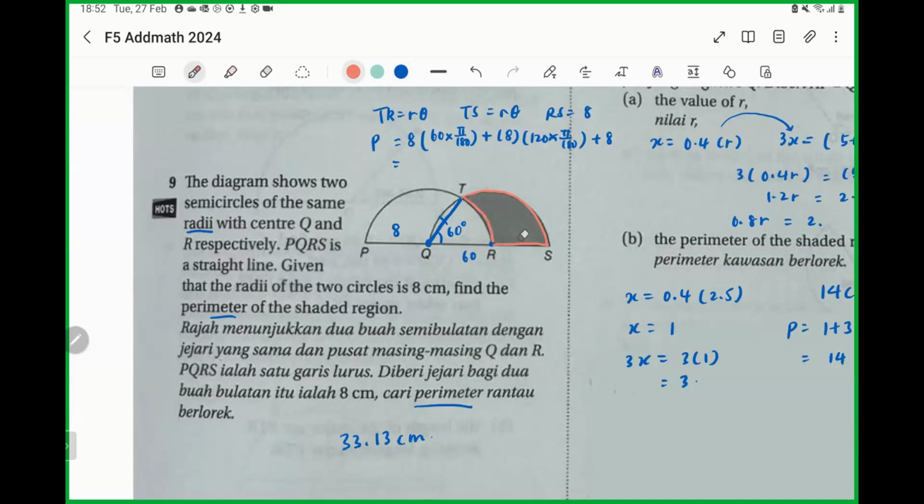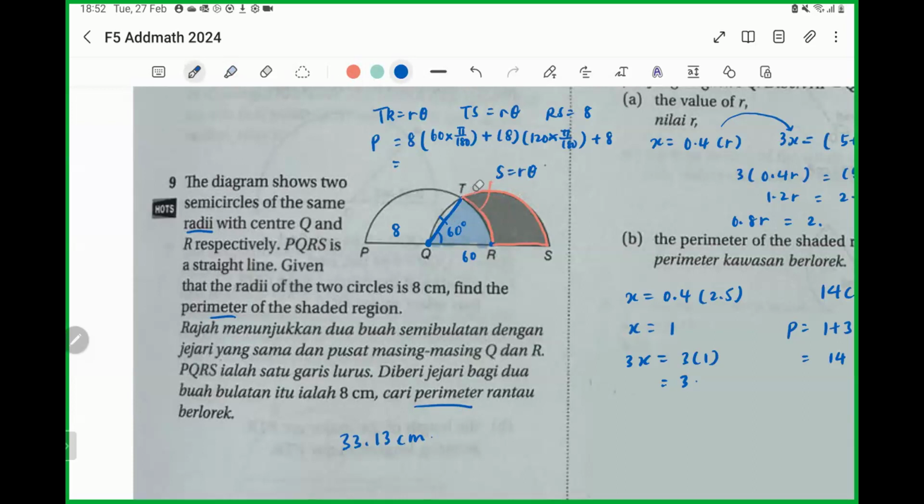So in order to find this one, I will need to use this sector, the piece of cake, to find this length. How do I get this length? This is a length, so we will be using S equals to r theta.